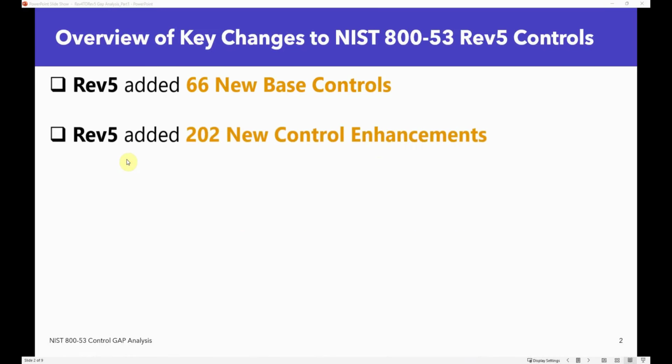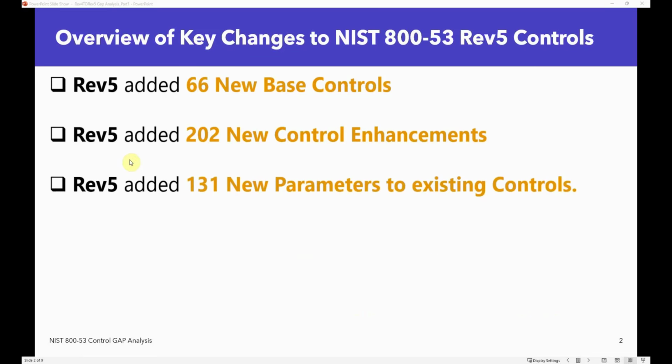Now, Revision 5 added 202 new control enhancements. The control enhancements are the ones in parentheses, like AC-2 (1), (2). Those are what we call the control enhancements, and this new revision added 202 of them.